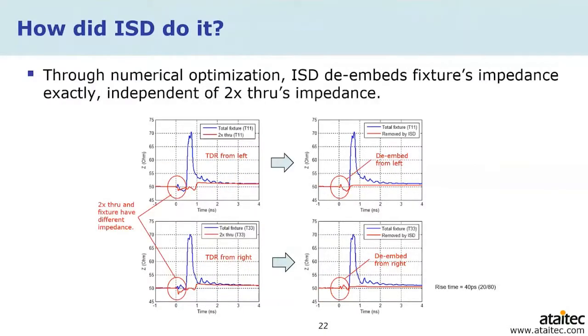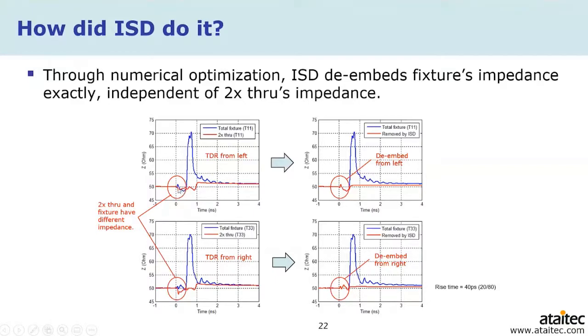Now, how did ISD do it? Basically, the blue curve here is the fixture plus DUT single-ended impedance. And single-ended impedance is very high here for the DUT, although it's tightly coupled, so the differential impedance will be close to 100 ohm. And now the 2x through impedance is close to 50 ohm, within 3% or 5% impedance tolerance compared to the fixture.